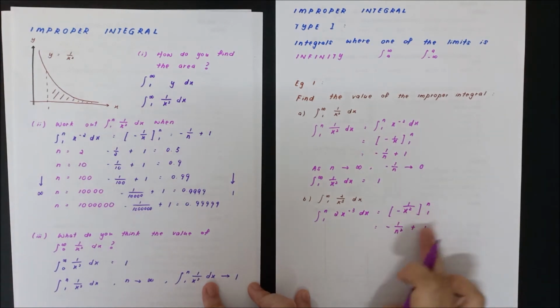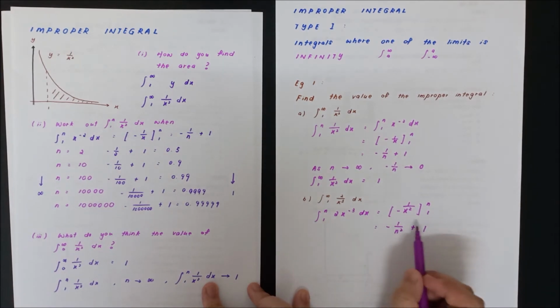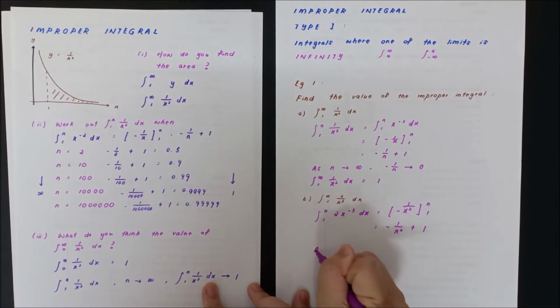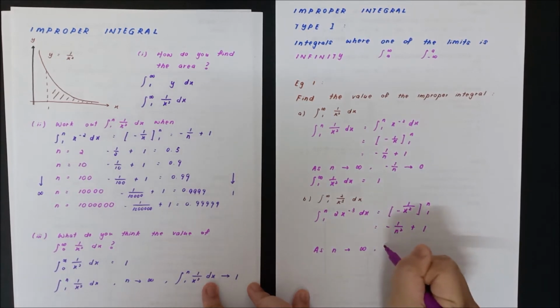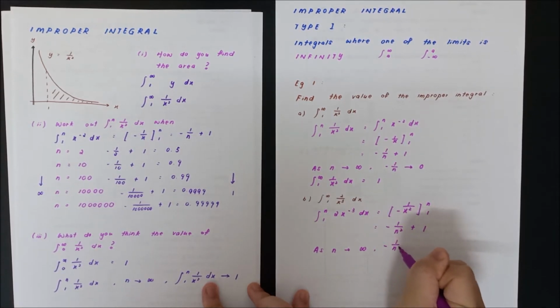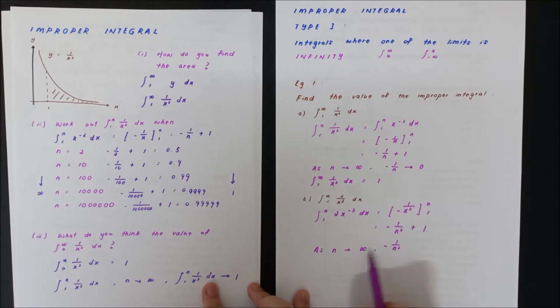Okay, so try to do complete steps if you can. Then after you get the term, you can say that as n approaches infinity, negative 1 over n squared, the same thing. Whenever you have infinity squared, you are still getting infinity.